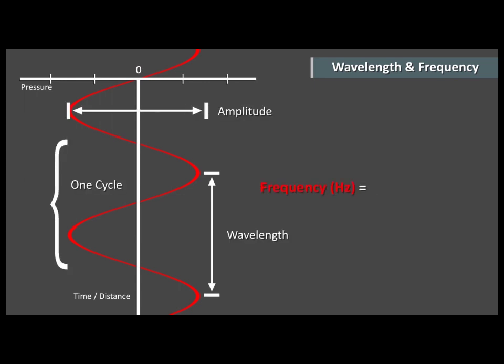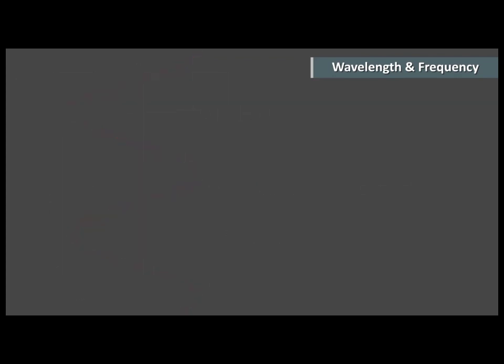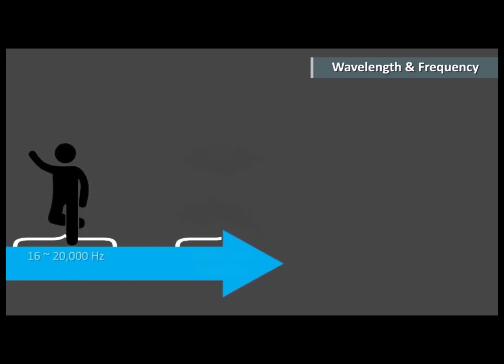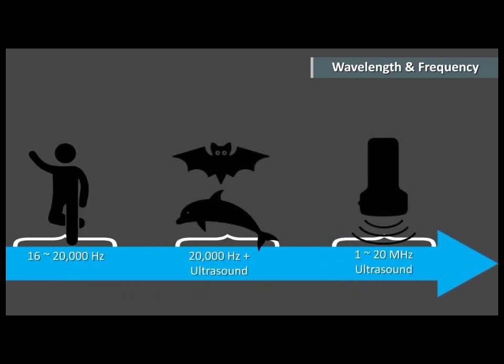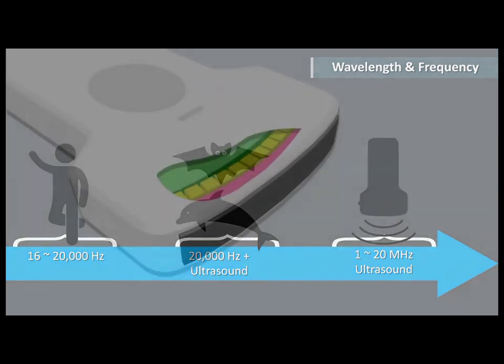The frequency of the wave is measured in cycles per second, or hertz. Audible ranges of wavelengths heard by humans are between 16 and 20,000 hertz. Ranges higher than 20 kilohertz are not heard by humans and are considered ultrasound. In the case of typical ultrasound imaging, the frequency range is between 1 and 20 megahertz.